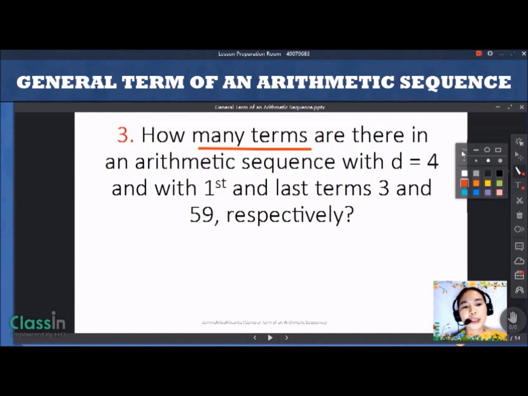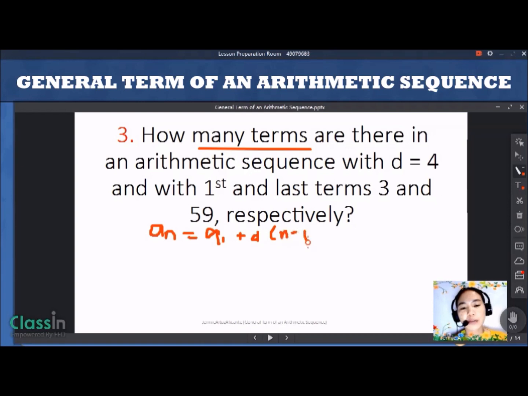So, if we're going to use our formula again, a sub n is equal to a sub 1 plus d times n minus 1. We are actually looking for the value of n. So we will not replace n with any number. Okay, let's proceed with the solution.